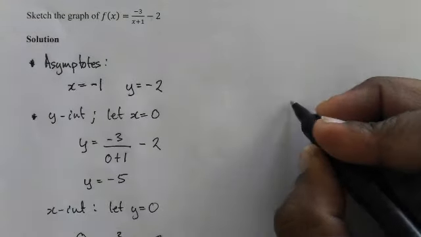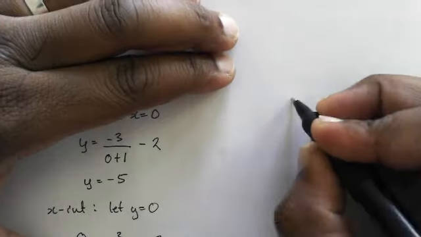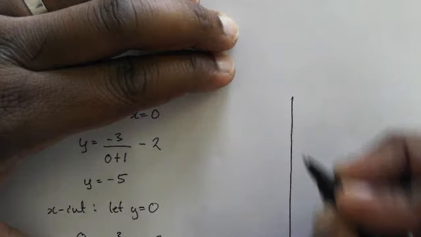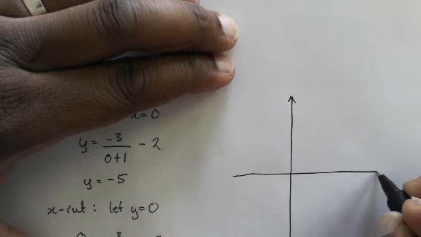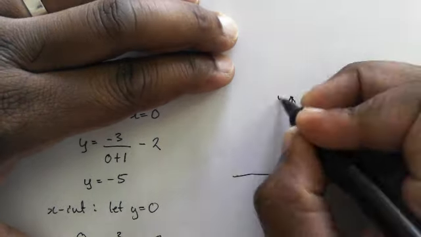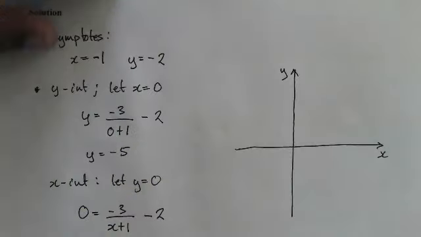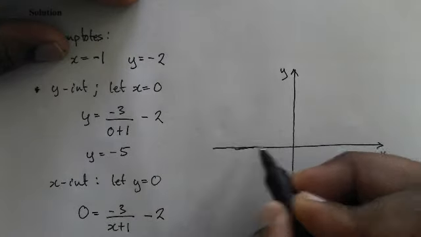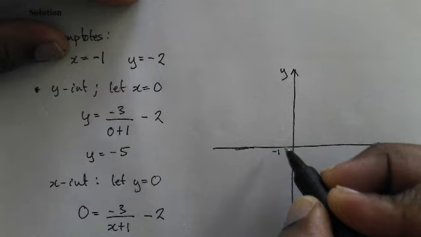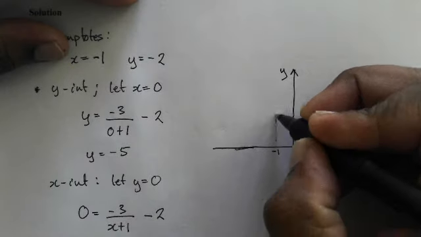Okay, so let's draw the graph now. X-axis, Y-axis. Right, we have our asymptotes. X is negative 1, so that means it's somewhere here. Draw that one.